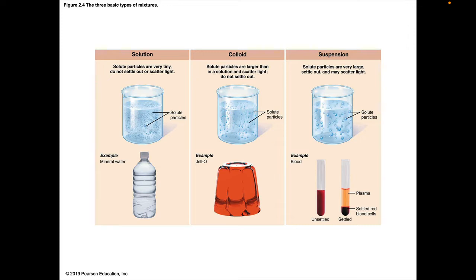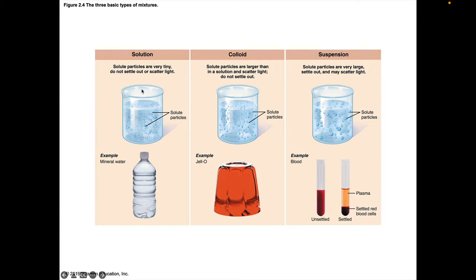So we can see here we have three different kinds of mixtures. And so we have solutions, colloids, and suspensions. So solutions are what you get if you take table salt and you dissolve it in water. The table salt would be called the solute, and what you're dissolving it in would be called the solvent.